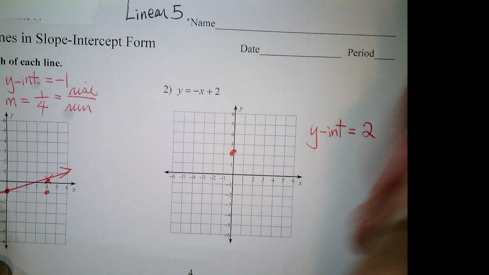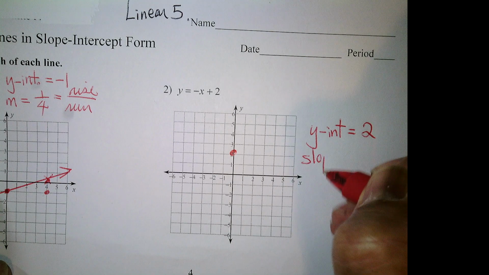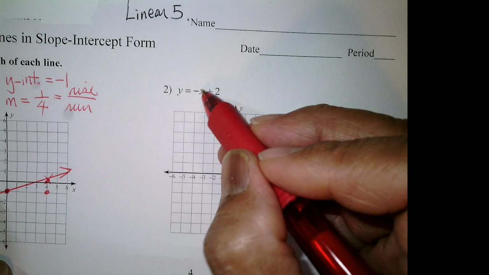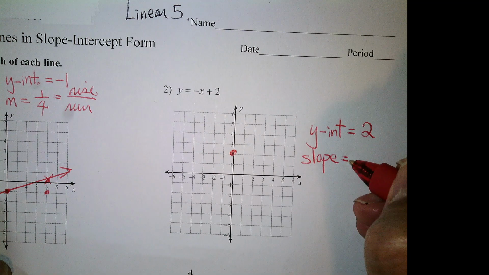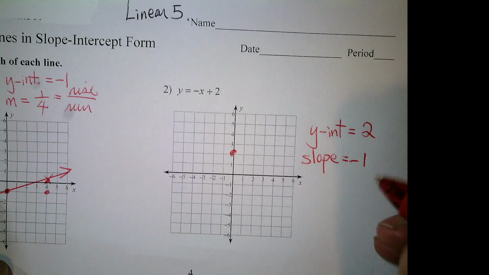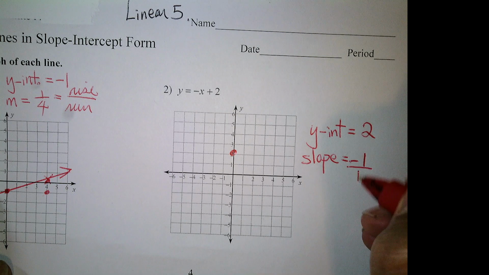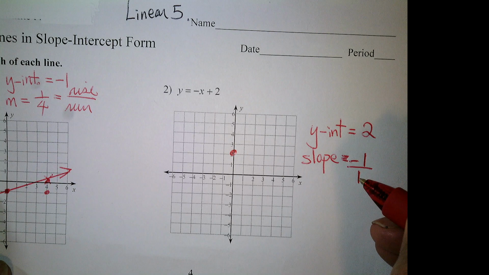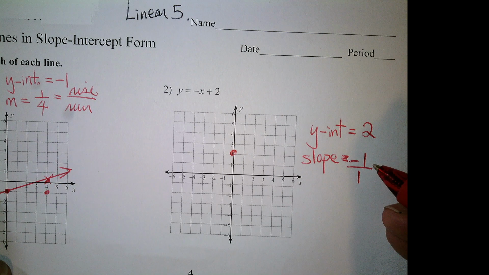The slope is negative, but there's a number hiding. So it's -1. And then you put 1 under. Now pay attention here. I put 1 under just to satisfy the definition, rise over the run.